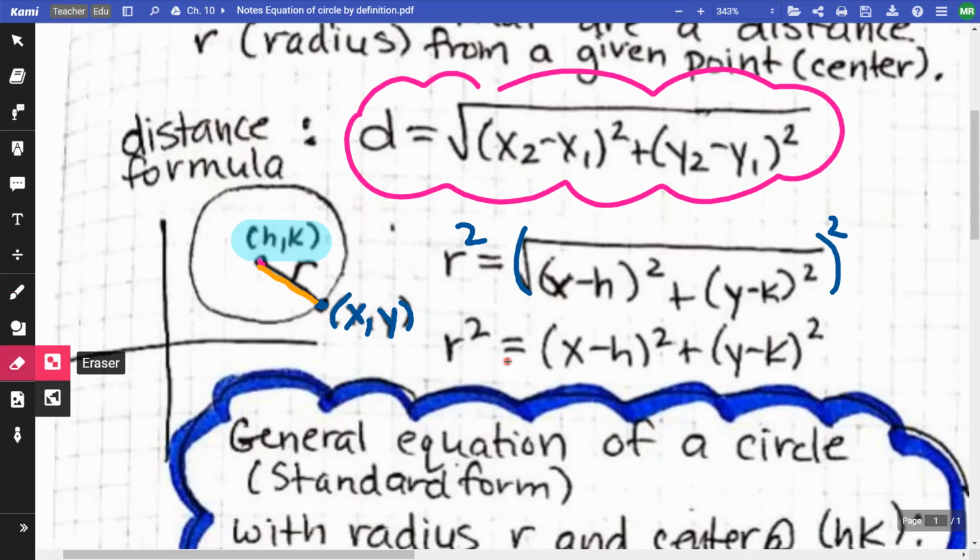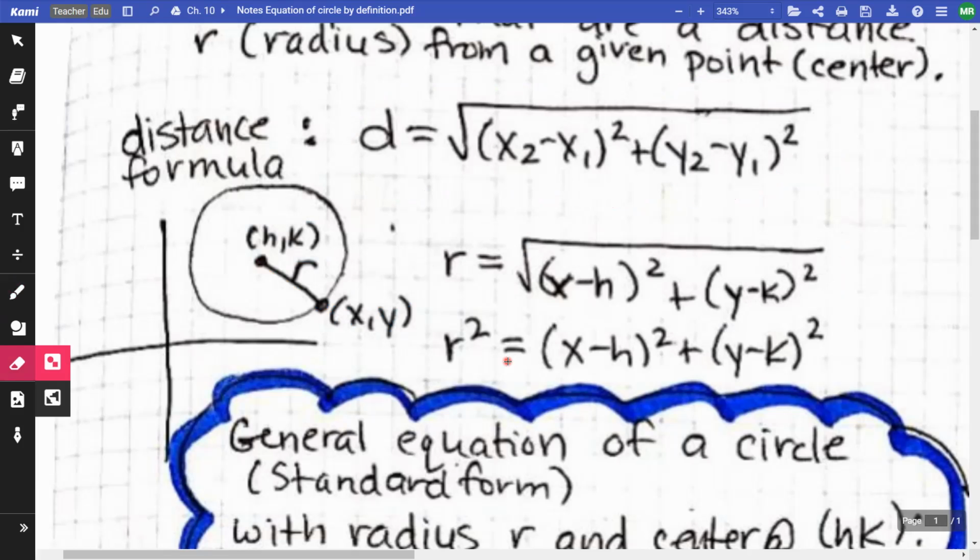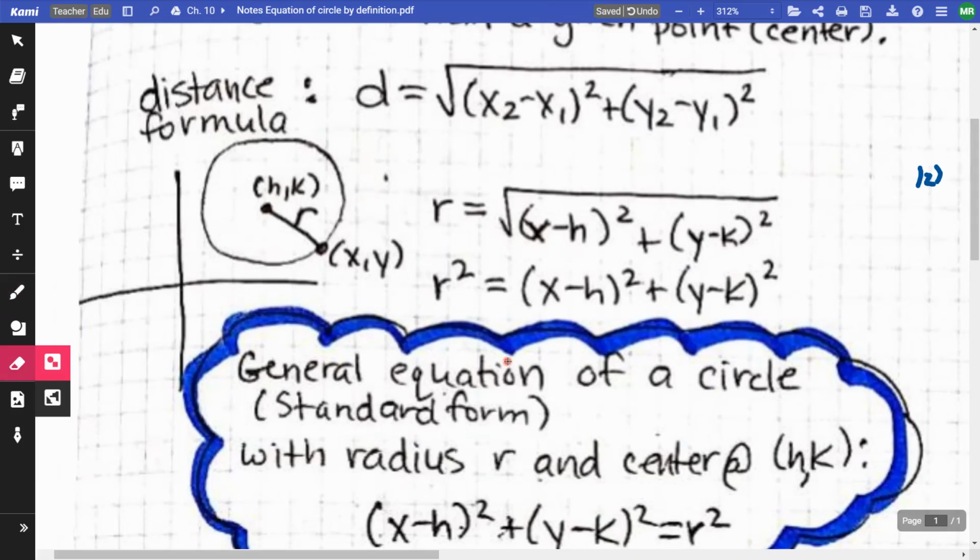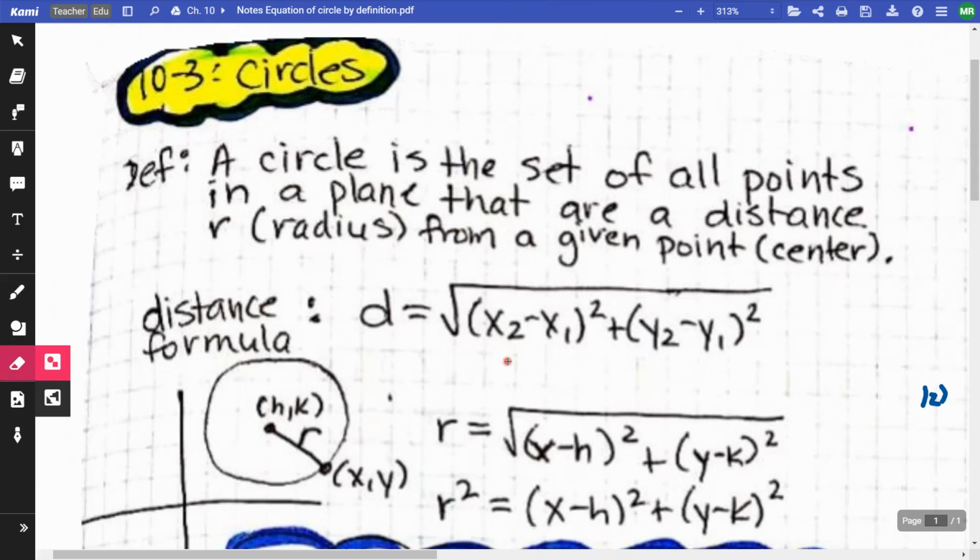So now what we're going to be doing on those next sheets that I gave us, we're going to be trying to find an equation of a parabola from its definition. So again, the definition of a circle is the set of all points in a plane that are the same distance, and that distance is r, your radius, from a given point, which is your center.